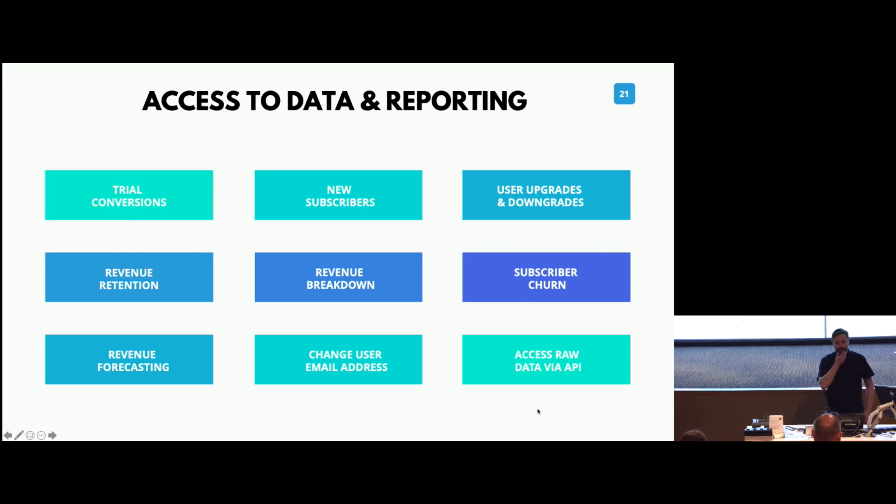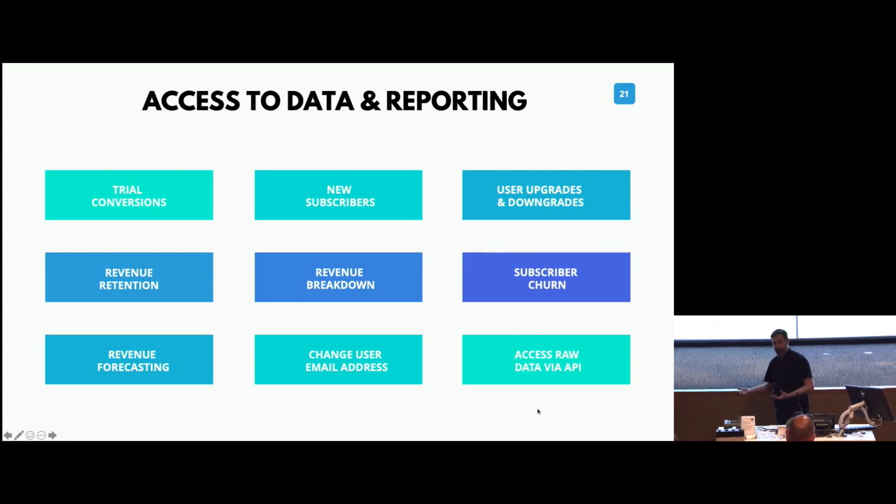Access to data and reporting. So, how many people who take out a trial are actually converting? Because that tells you what your marketing campaigns are like and what needs to be tweaked. How many new subscribers are you getting? How many subscribers are moving up and down? What kind of revenue retention are you managing? What kind of revenue breakdown? There's a difference between the two.